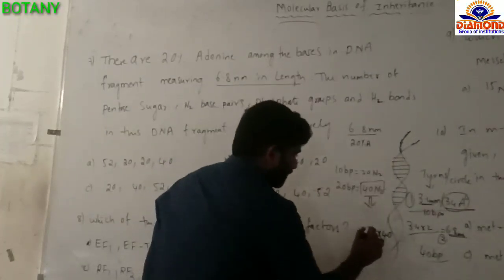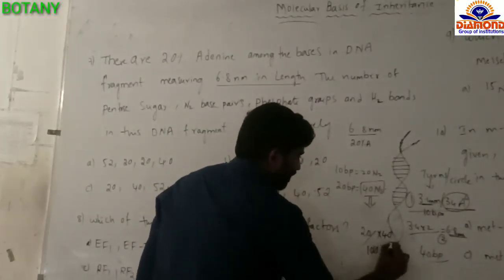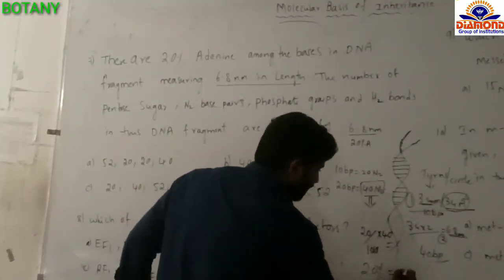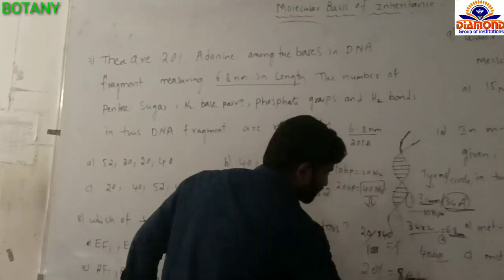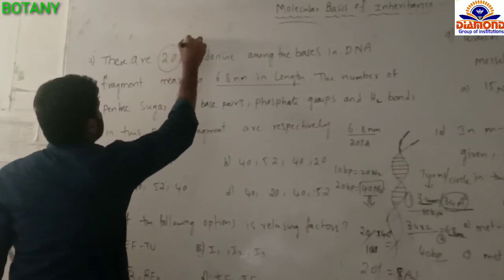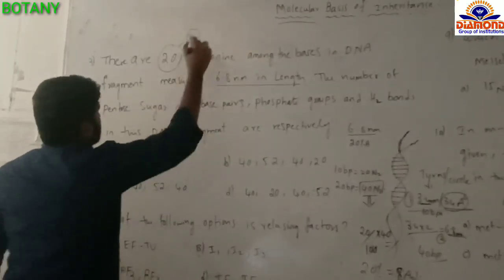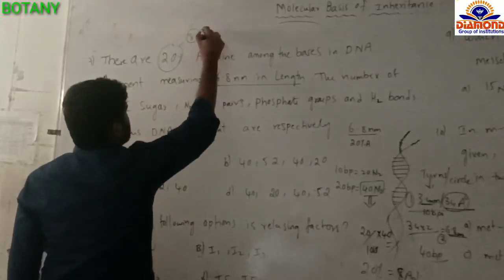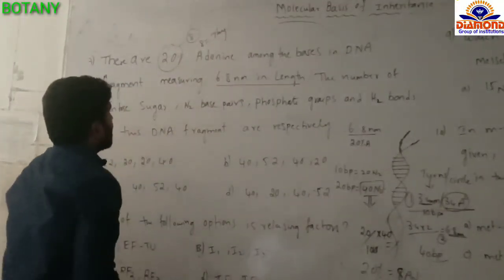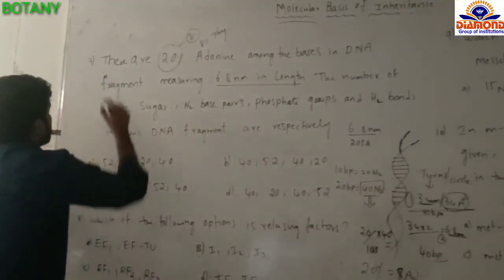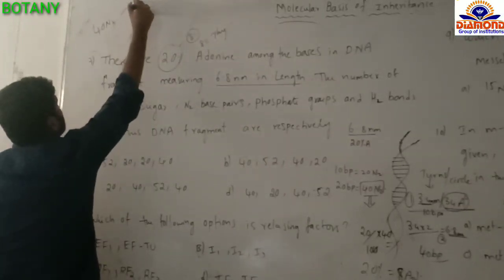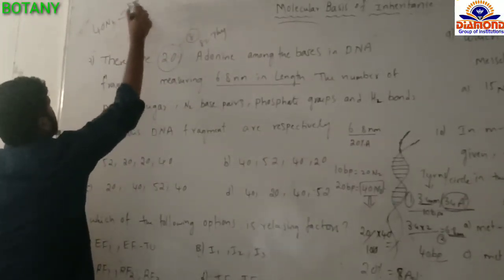So 20% of 40 is 8, which means 8 adenine molecules are present. If 8 adenine molecules are present, then there are 8 thymine molecules. Out of the 40 nitrogen bases totally, 8 are adenine and 8 are thymine.